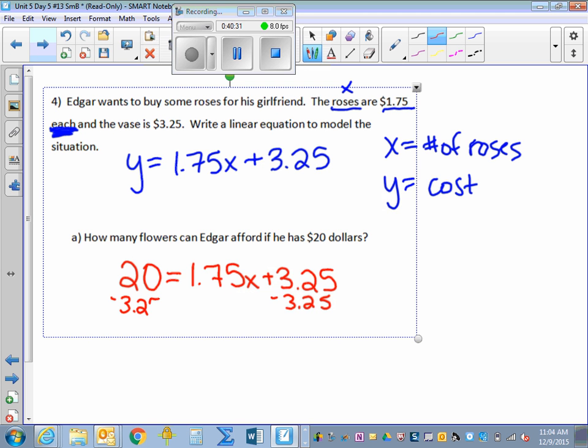Good. And what does 20 minus 3.25 give us? 16.75. And as Joe said, we need to then divide by 1.75. You should be writing this down.